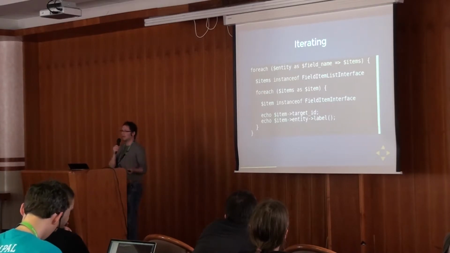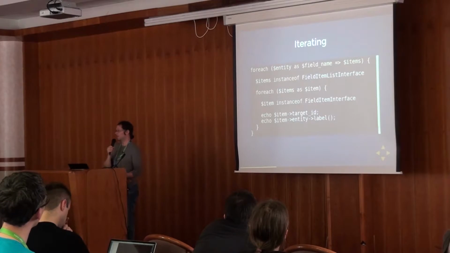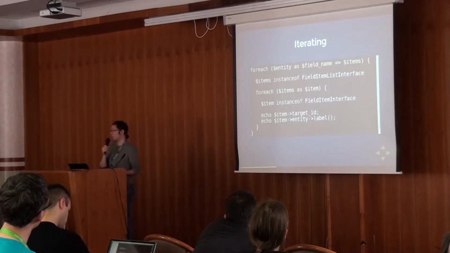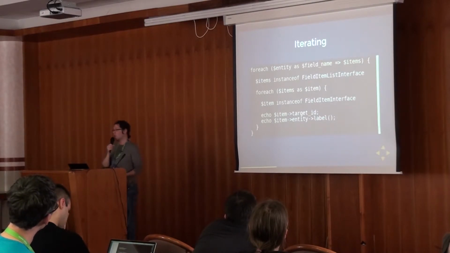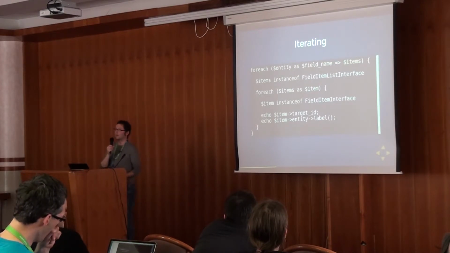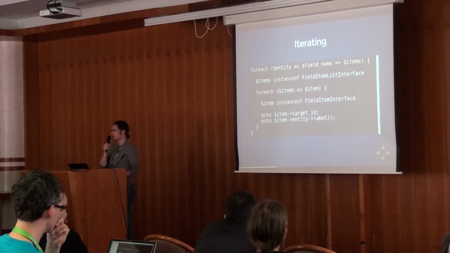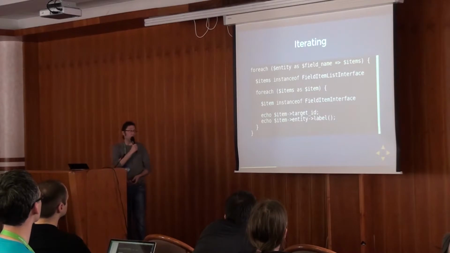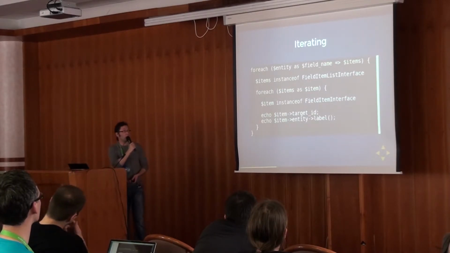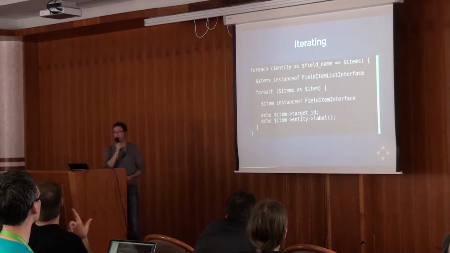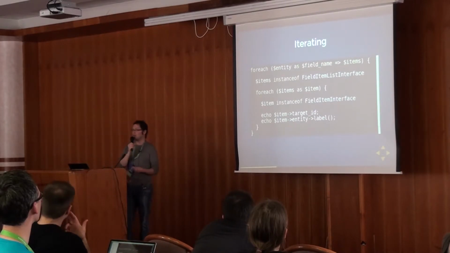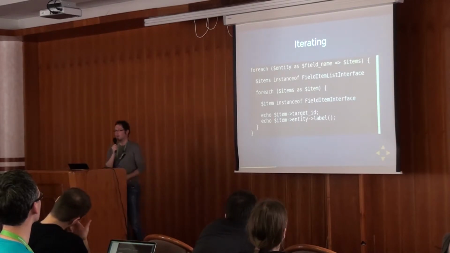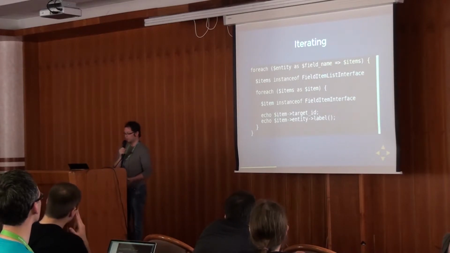If you have a text field, it will contain a value property which holds the text, but it will also contain the text format property, which holds the configuration of which text format has been selected. For entity references, there's a target ID property, and there's also a computed entity property, which you can just call, and it will automatically contain the loaded, referenced entity object for you.